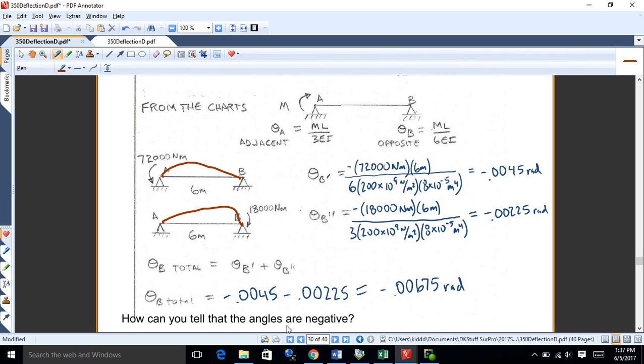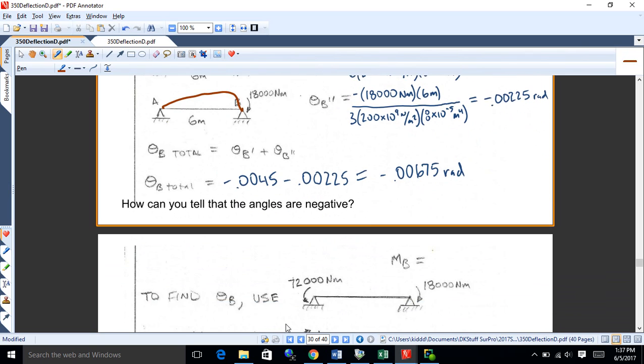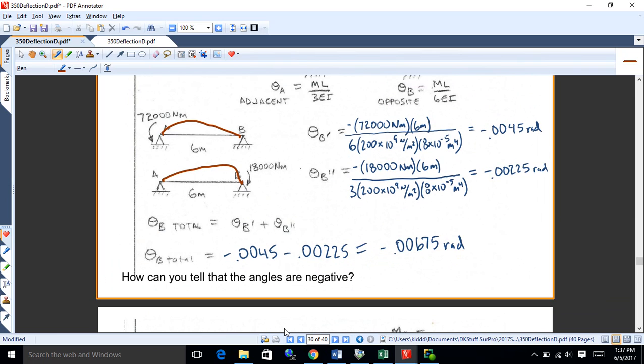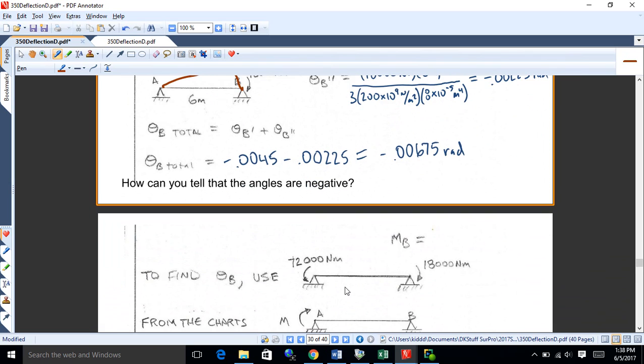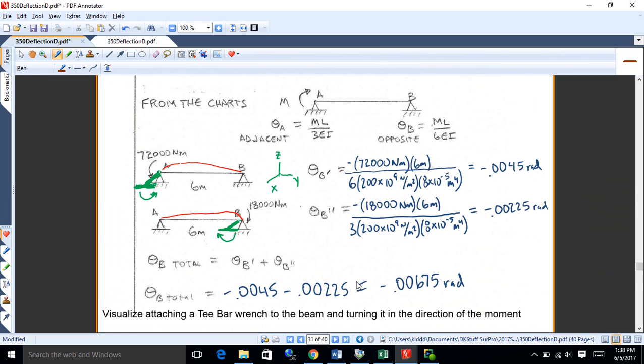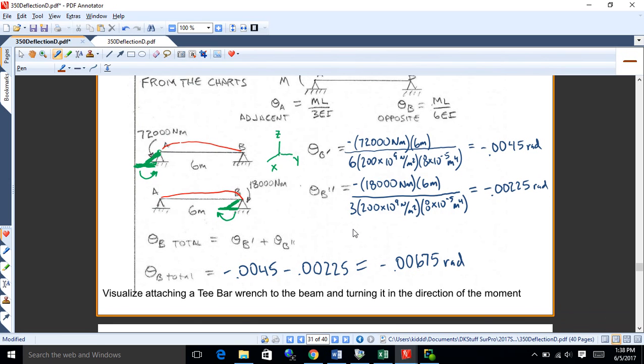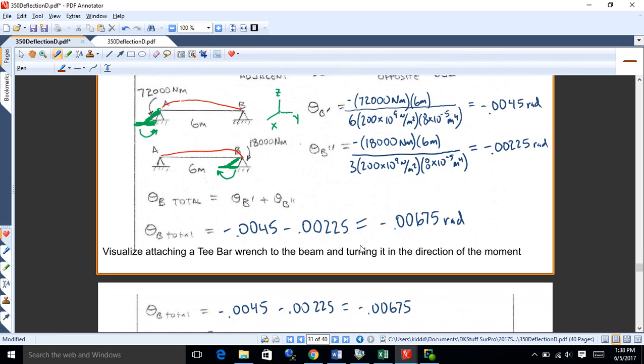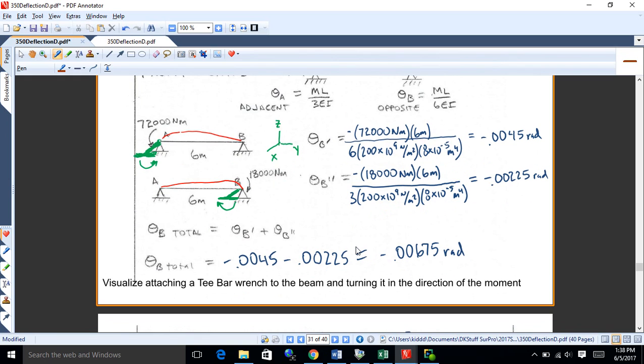Okay, so what we've got there is a negative slope. It's negative 0.00675 radians. That's what's happening at B. Are we good? All right, and then here's that T-bar thing to look at it to get the slopes like we were doing. All right, so now we've got the total slope there.